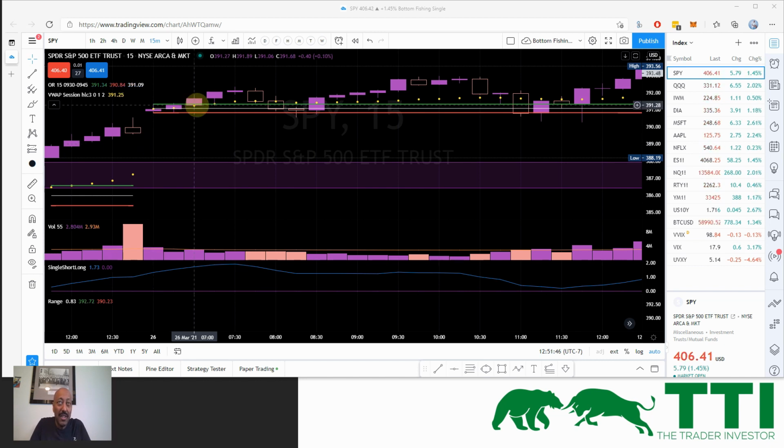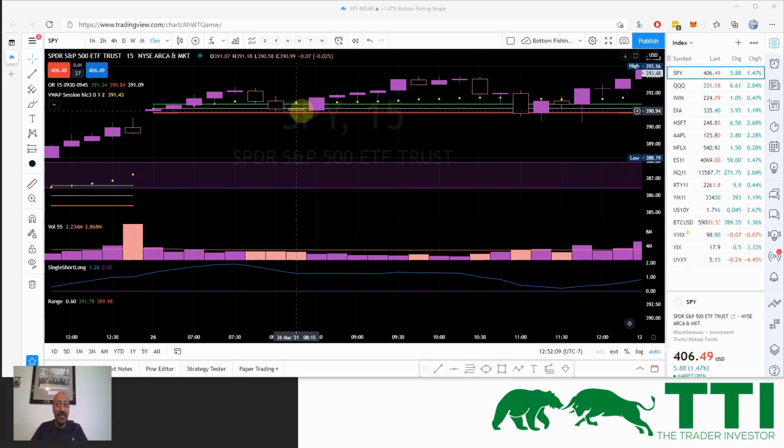So for this one, as you're monitoring, it requires patience. What you want is price to go outside of the opening range and retest the opening range, but not close outside of the opening range. Let me be a little bit more specific.